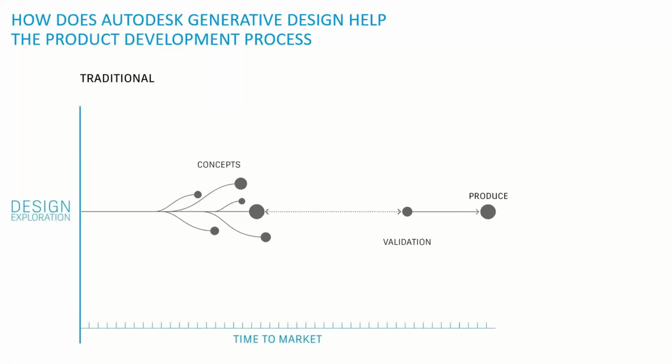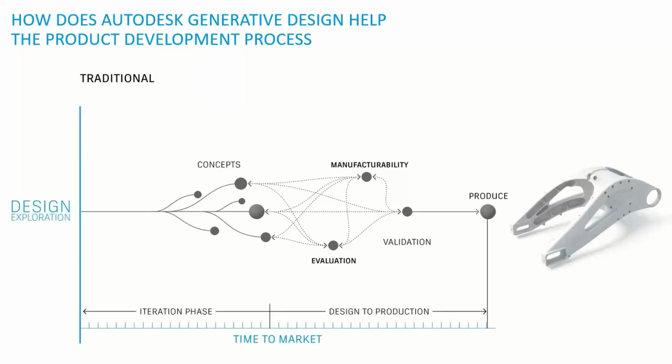So here's our old traditional design workflow. We get a couple of concepts, we pick the best one, we work on validating it, and then we start producing it. We also have to do a little bit of validation in terms of manufacturability and evaluation along the lines there. And now we have our product.